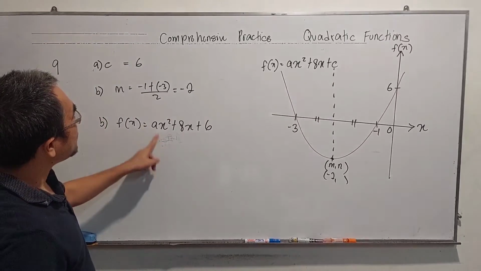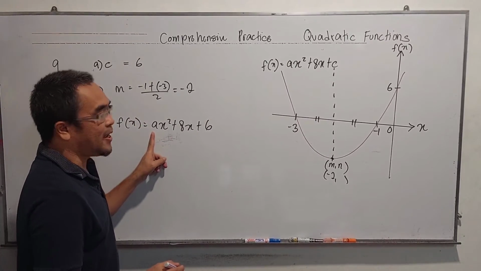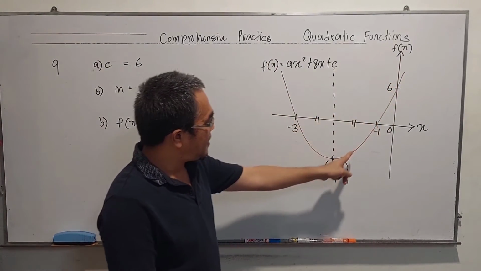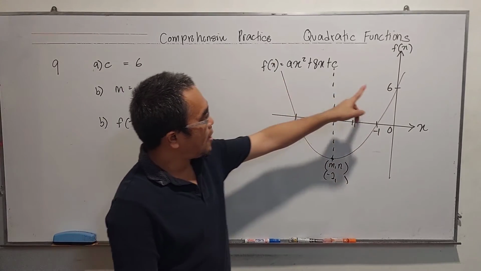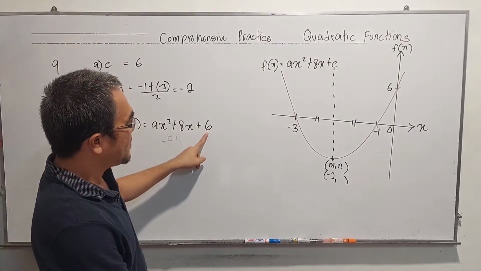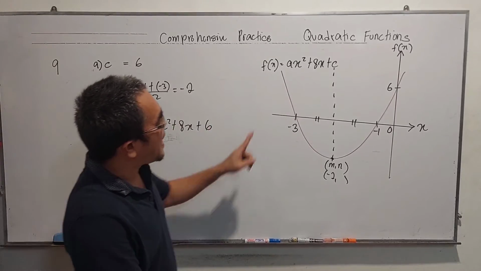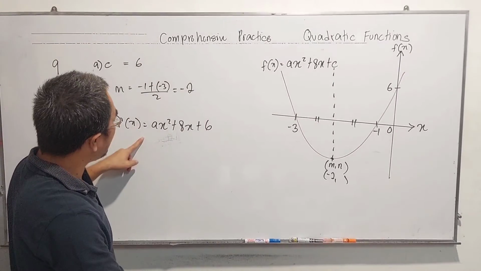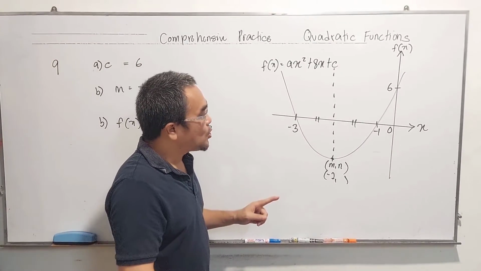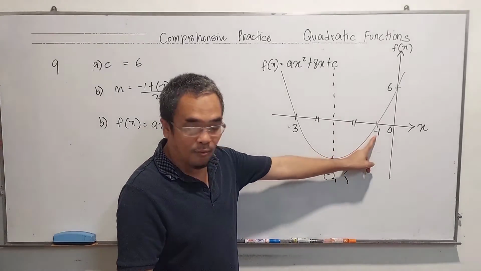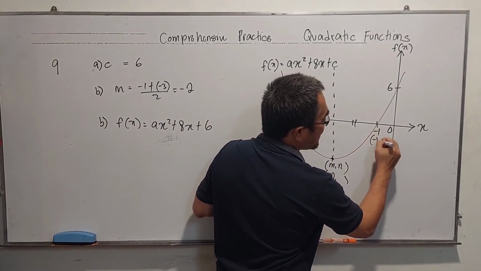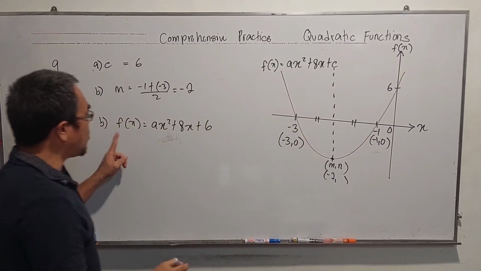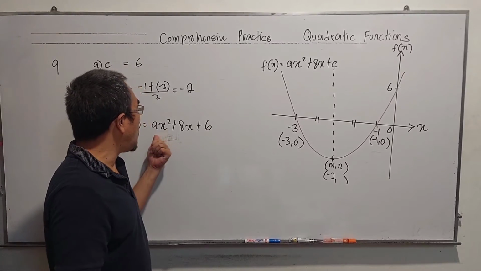To calculate the value of a, you have not yet substituted any coordinate on the line into the equation. So you can pick either coordinate, -1, 0 or -3, 0, in the equation in order to calculate the value of a.